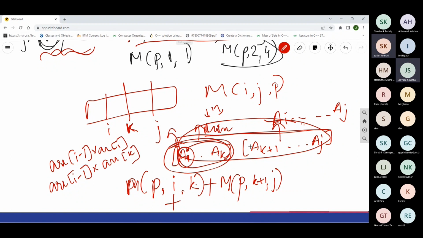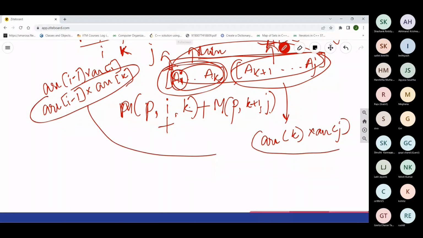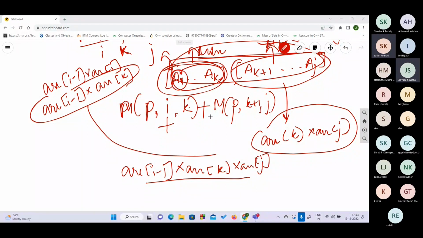In a similar way, the matrix multiplication of this one will result in a matrix of dimension array of k cross array of j. So if you need to multiply these two matrices, their cost will be array of i minus 1 cross array of k into array of j. And that's how you will get the total cost required for their multiplication. I guess that's clear.